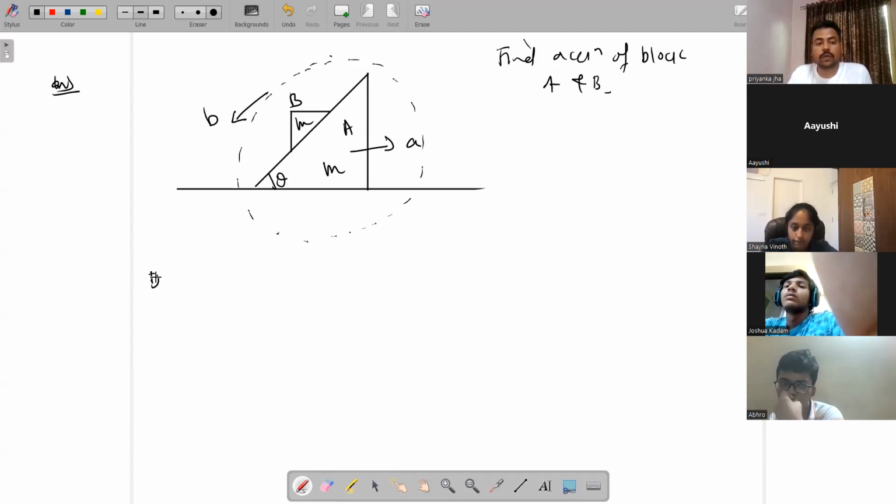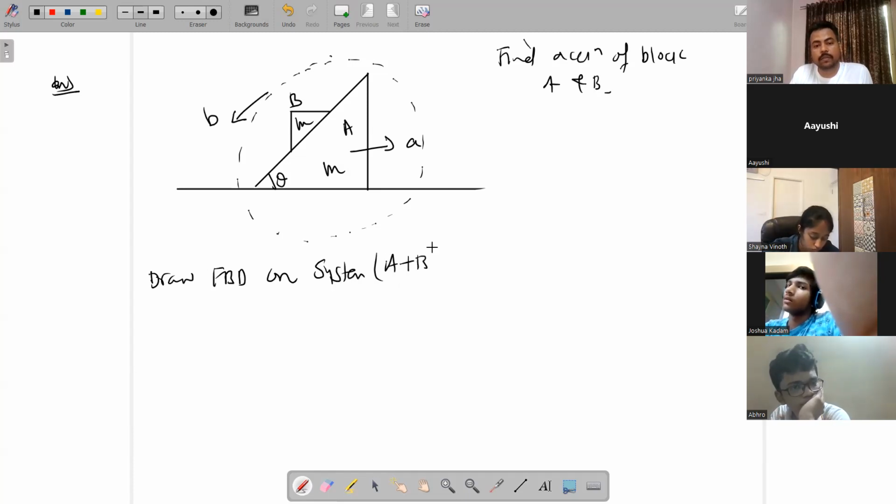So draw a free body diagram on the system, that is your block A plus block B. What is the mass of the system? That is m plus m, 2m, so 2m into g. Yes, there is no normal reaction between these blocks.